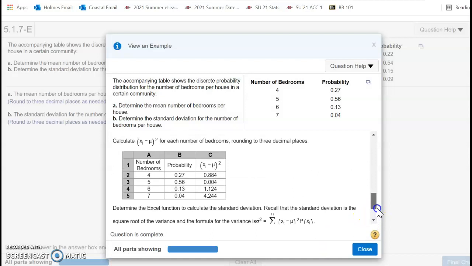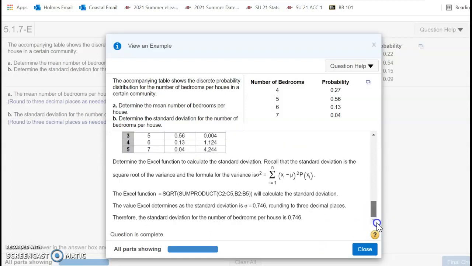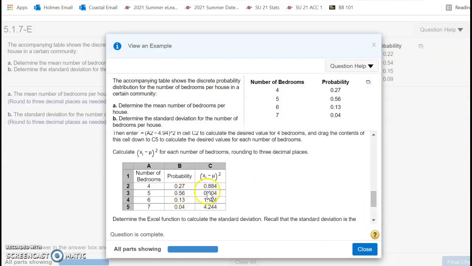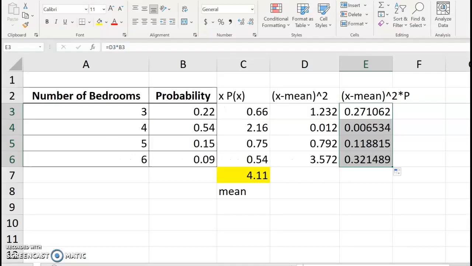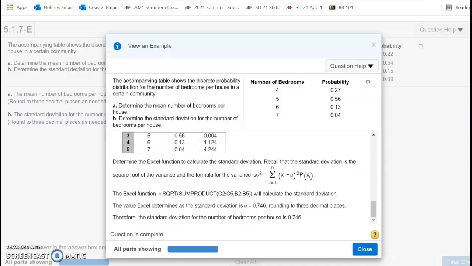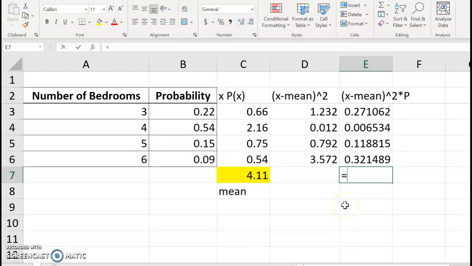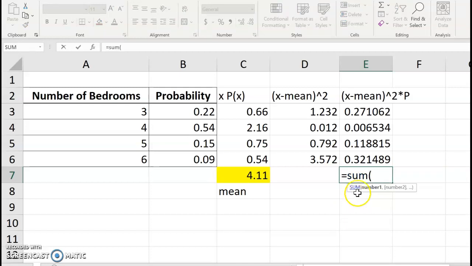And it looks like what they did is they took these two, multiplied it together, and they didn't round here. So let's just look and see if we do that. And we have to sum. So we're going to do the sum of this.